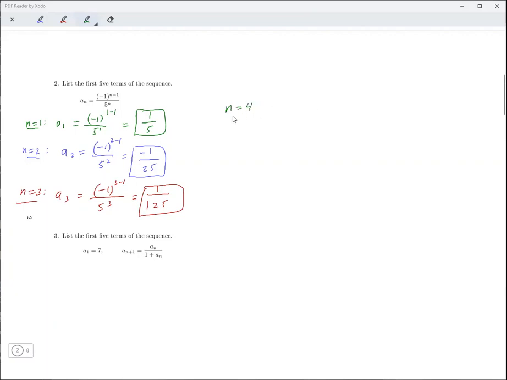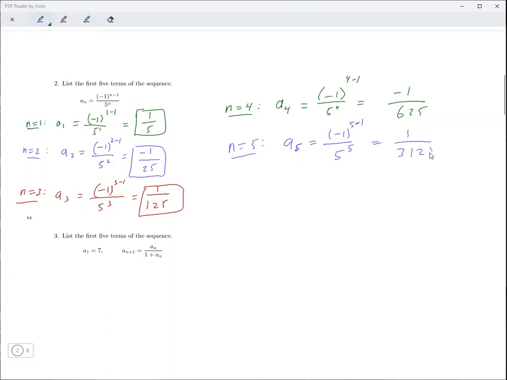N equals 4. Negative 1 to the 4 minus 1 over 5 to the 4th. 4 minus 1 is 3. Negative 1 to the 3rd is negative 1. And this is 625. I used the calculator for that one. Okay, 5 minus 1 is 4, negative 1 to the 4th is positive 1. And then you have 5 to the 5th, which is 3,125.